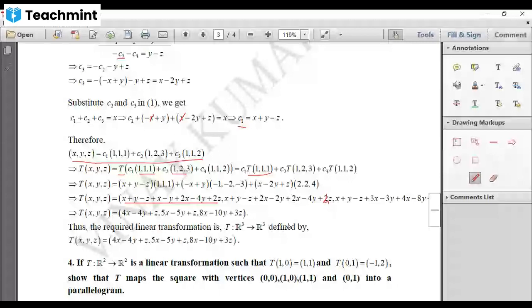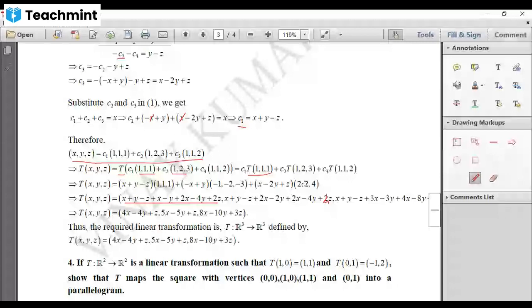See, x plus y minus z, that is your y coordinate. Minus 2 into x is minus 2x minus 2y. Then 2 into x is 2x, 2 into minus 2y is minus 4y, 2 into z, oh sorry, this is 2z only.